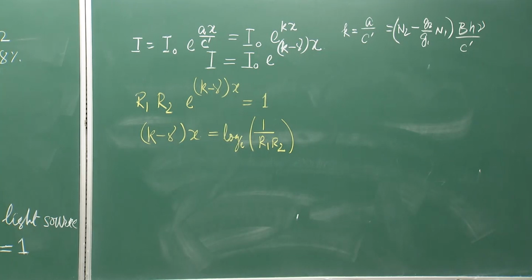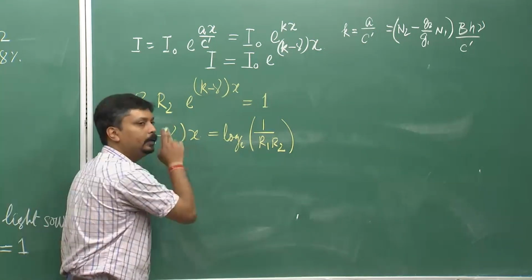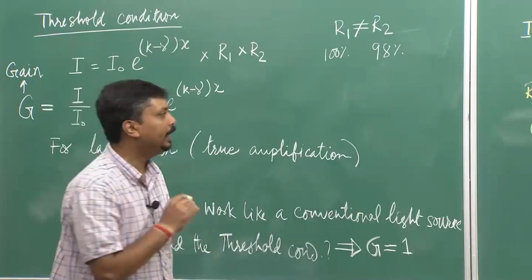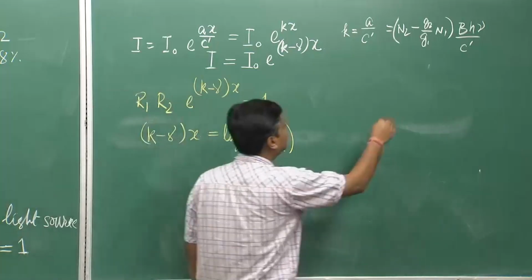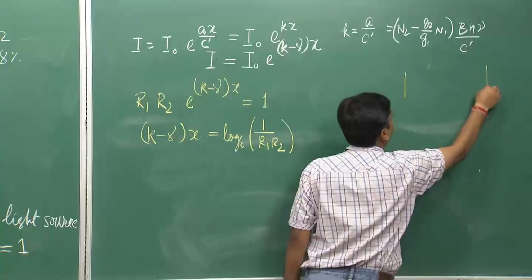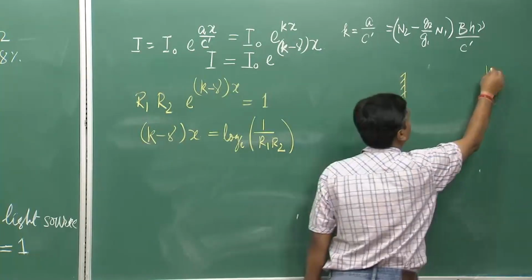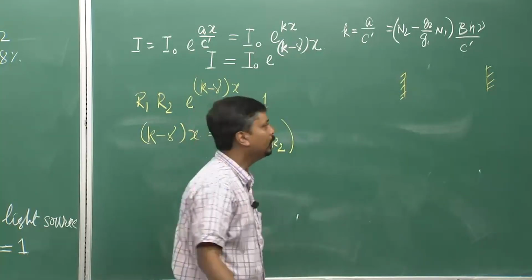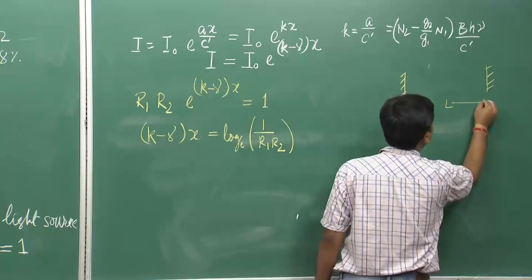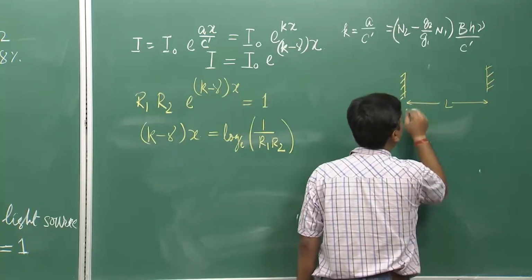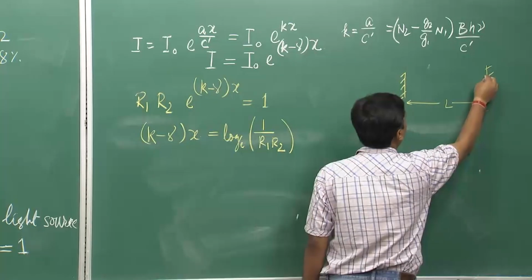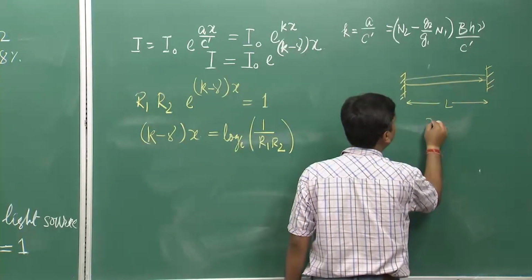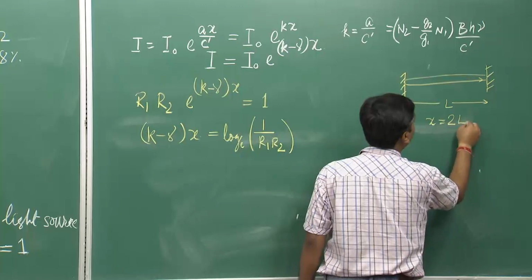Now, what is this x actually? We have been writing about the distance. This x is essentially my cavity length for a round trip, okay. So, this length is L, right, we have learned this in last few classes. So, one round trip means going and coming back, which means x is essentially 2L.